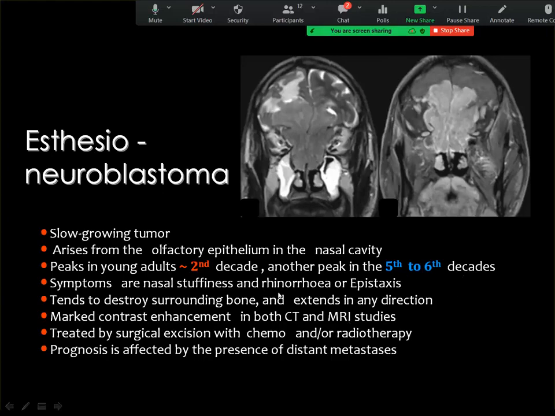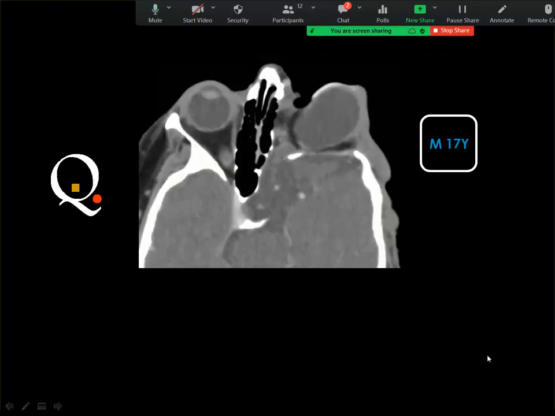The presentation is by rhinorrhea or epistaxis, and the lesions have a destructive behavior and they extend intracranially many times, and it shows marked enhancement on the CT and MRI, and is treated by surgery, chemotherapy, as well as radiotherapy. And the prognosis is affected if the lesion gives metastatic deposits.